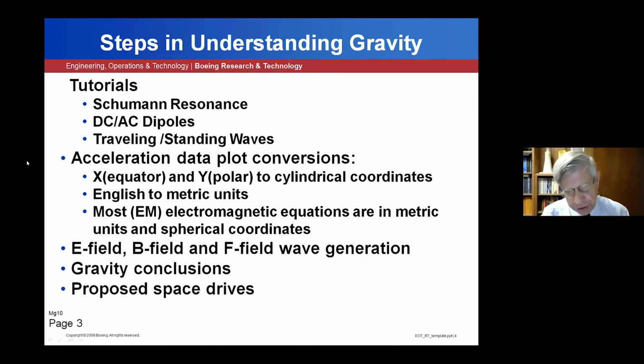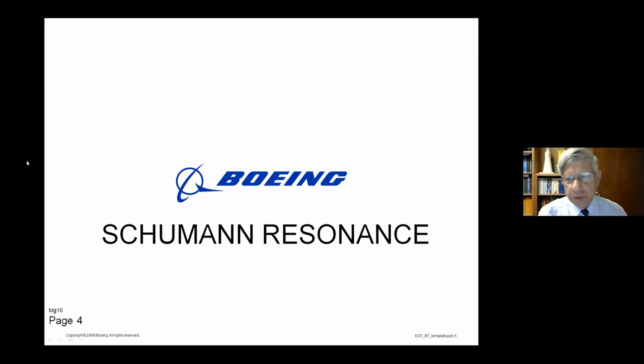And the third one is on the traveling and standing waves. And then the main section is on the EM field generation with respect to gravity. I happen to use cylindrical coordinates instead of spherical, which is what most EM work is done in. I'm not a fan of spherical coordinates. And then I conclude with a couple of proposed space drives based on that data.